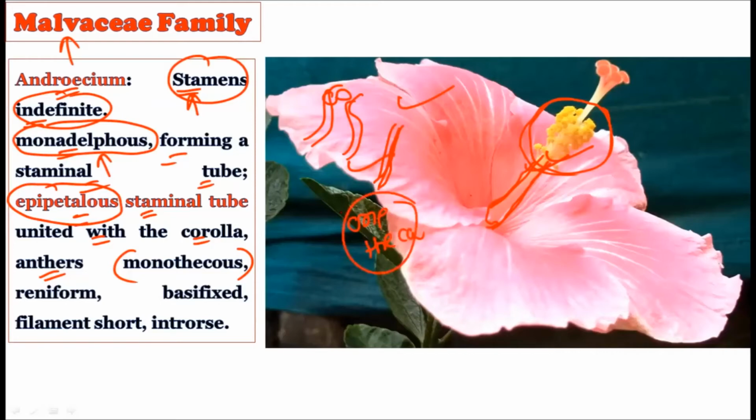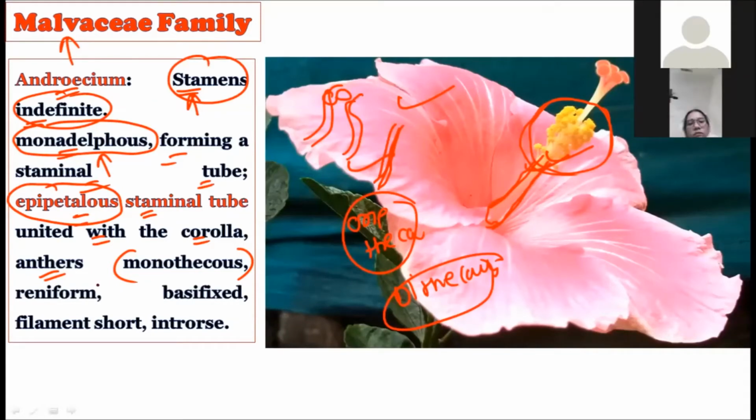But in the previous family, most of the time we have seen dithecous anthers, right? So this is also a distinguishing point for the Malvaceae family, that they show monothecous anthers. So anthers are monothecous in nature, and they are reniform. They are basifixed, the filaments are short, and the introrse nature is there.